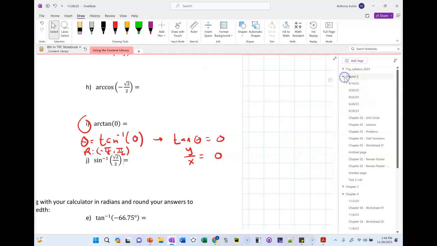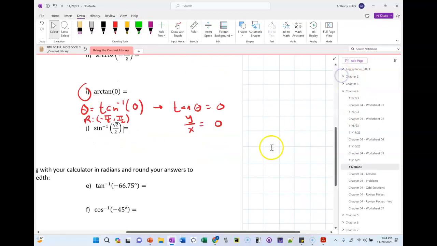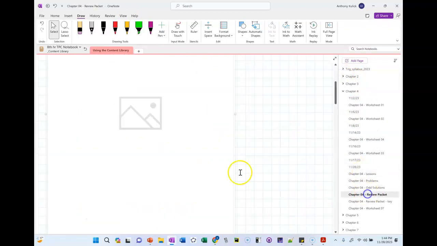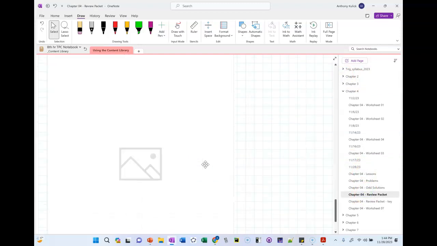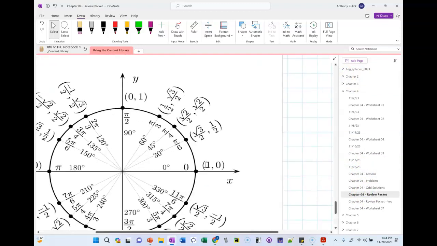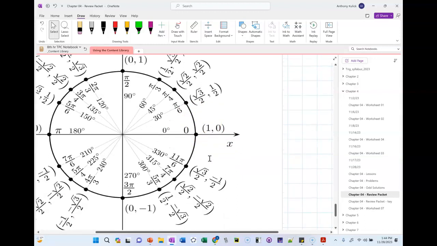If I go look at my unit circle, actually I don't need to do that. I'll just scroll down to the bottom of the review. And look here at 0, the y is 0 and the x is 1. And that's the only place in quadrants 1 and 4 where the y coordinate is 0, right?